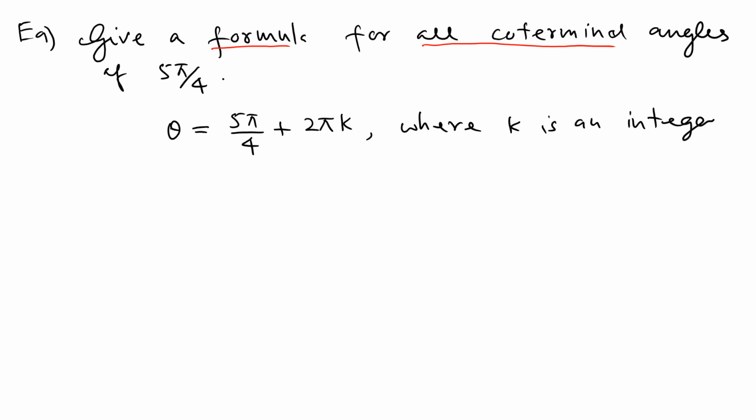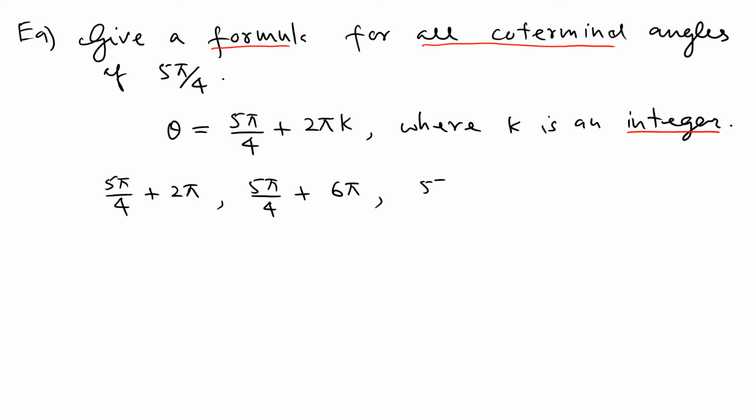That is the easiest way to get all the coterminal angles. Adding different values of k gives all the coterminal values. For example, 5 pi over 4 plus 2 pi is one angle. 5 pi over 4 plus 6 pi is another angle.